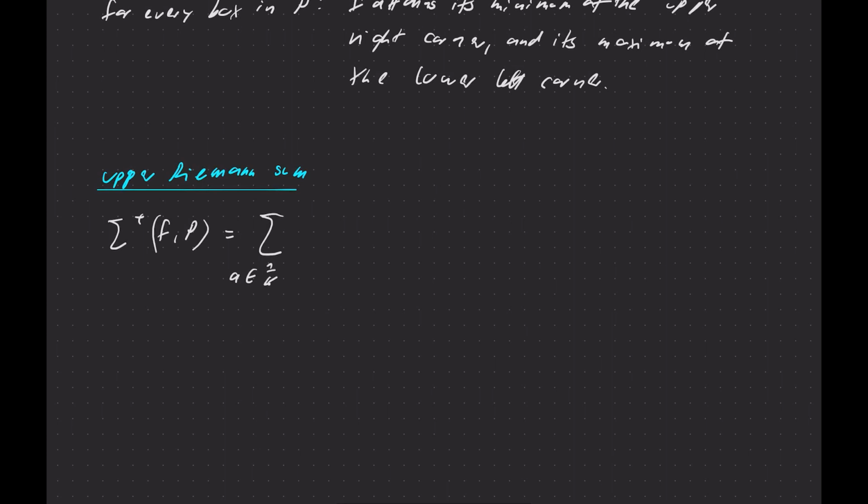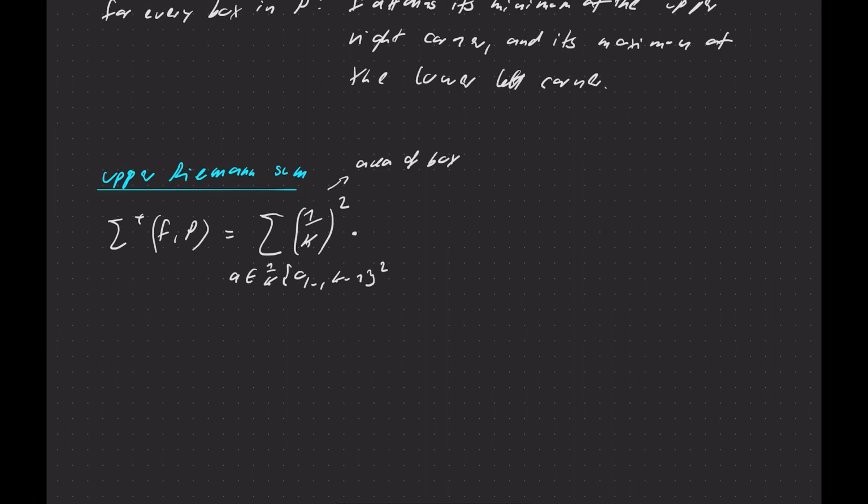So it means A is in 1 over k, 0 to k minus 1 squared. The area of the box is always 1 over k times 1 over k, so 1 over k squared. It's the area of the box times the function value.